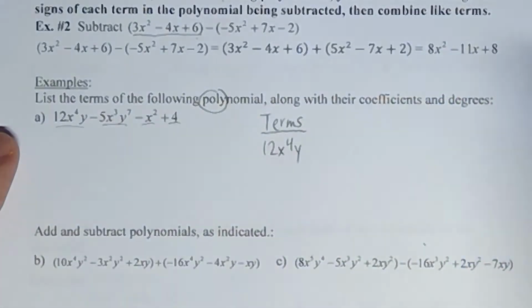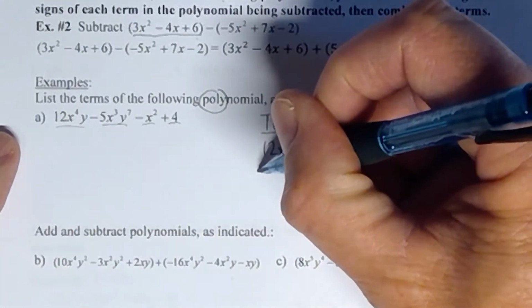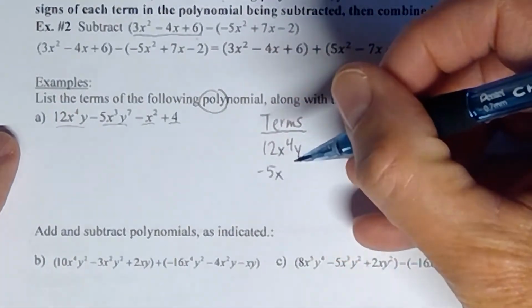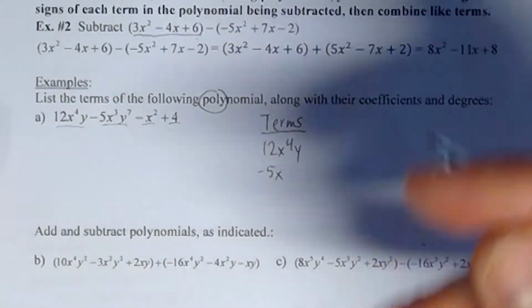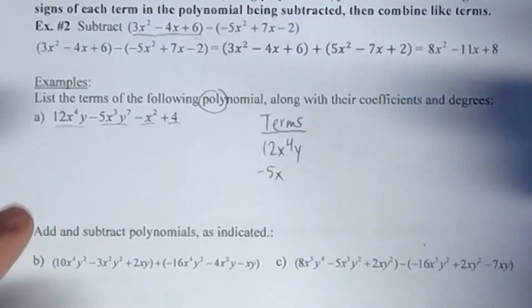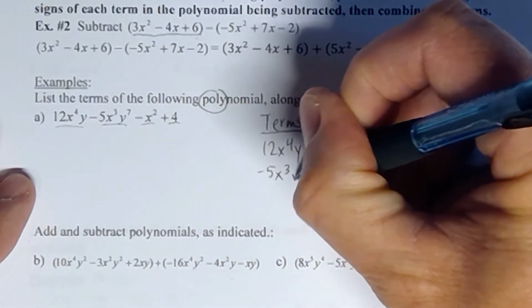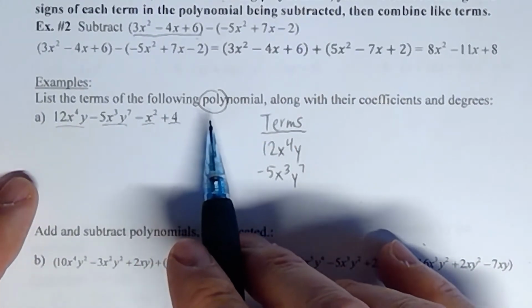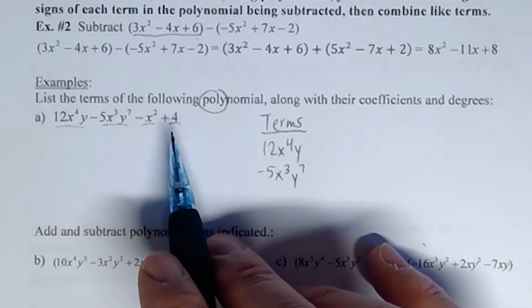Okay. The second term is not 5, it's negative 5. Because officially, I do say, and I just said this, that a polynomial is a bunch of terms being added and subtracted together. That's kind of the easy way of saying it. But in reality, the official definition of a polynomial is a bunch of terms being added together, just added.